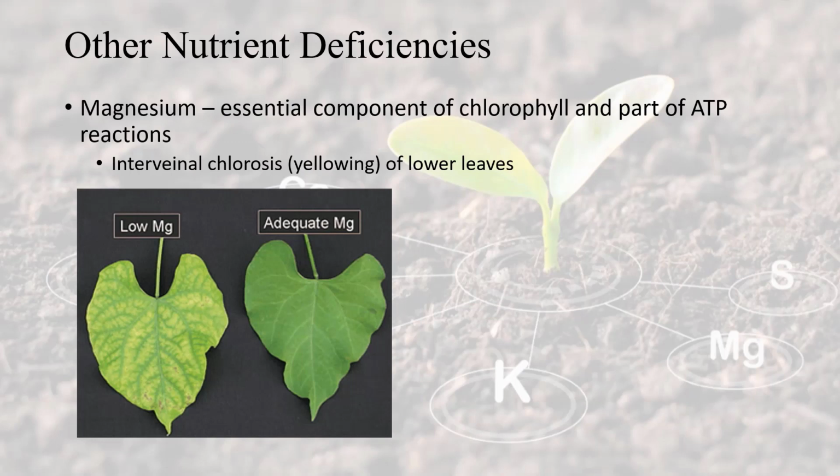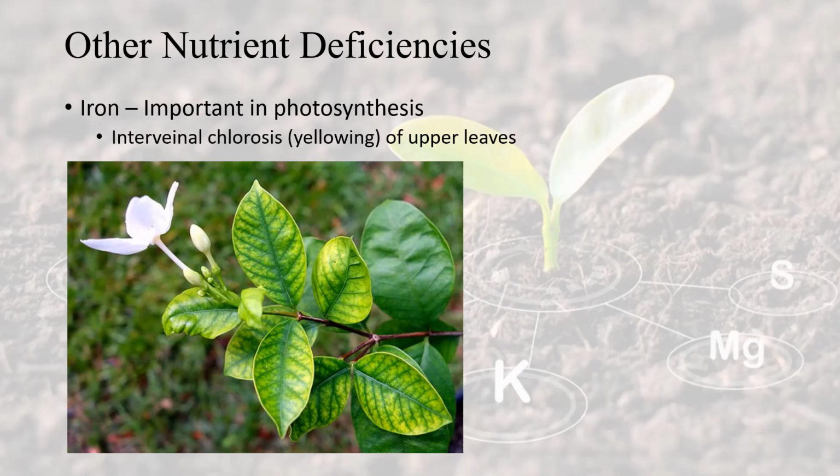Magnesium, this is kind of a neat one, interveinal chlorosis, right? So you can see that between our leaf veins, it gets yellow. Pretty neat looking deficiency, I know it's bad. And iron has the same characteristic, right? It has that interveinal chlorosis, although it affects the upper leaves first. And this is where that mobility plays a role.